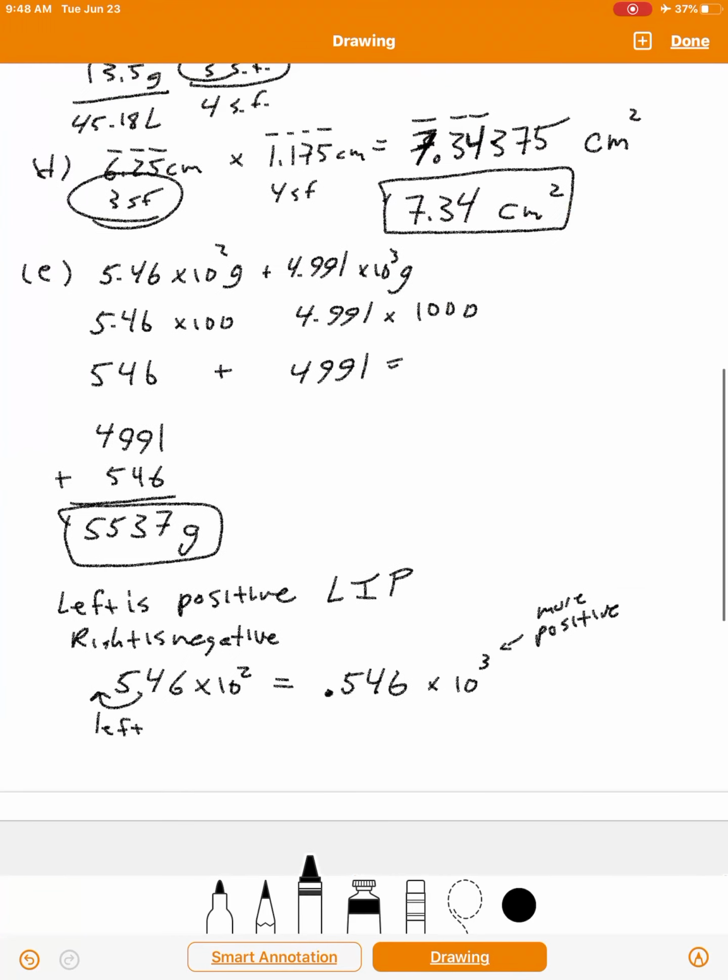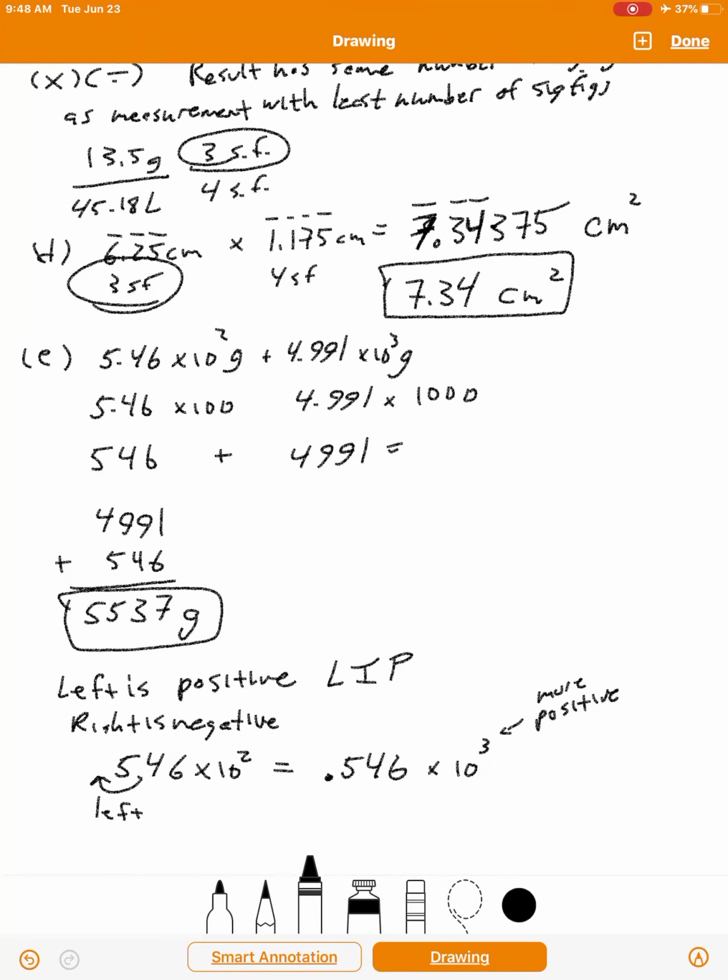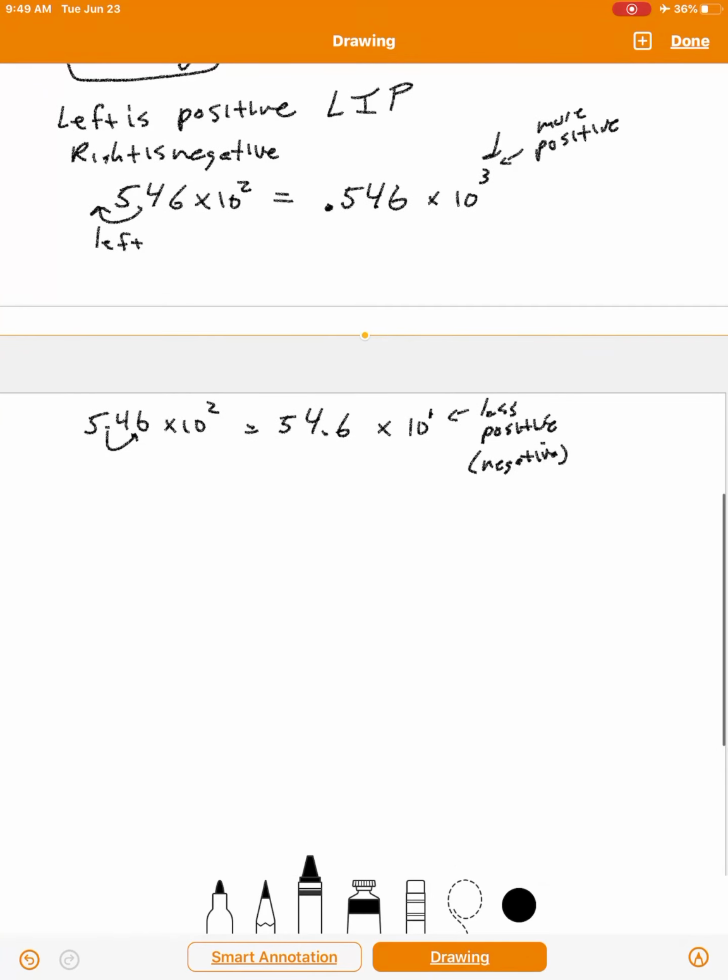So why did I move it to the left? By moving it to the left, that gives me the same exponent, 3, as we had here. If the exponents are the same, you can add and subtract them. So now we have 4.991 times 10 to the 3 grams. And now we can add to that 0.546 times 10 to the 3 grams.